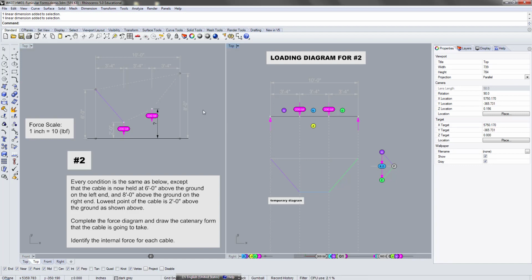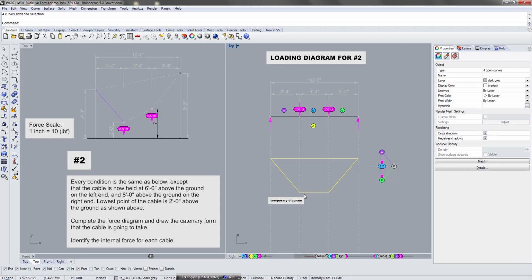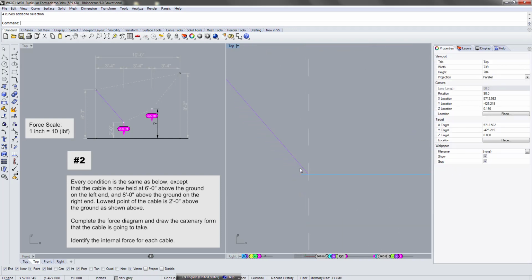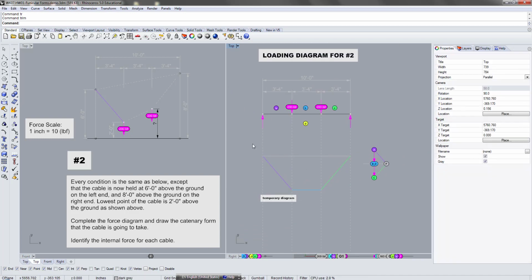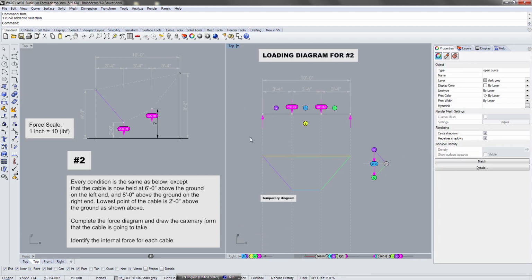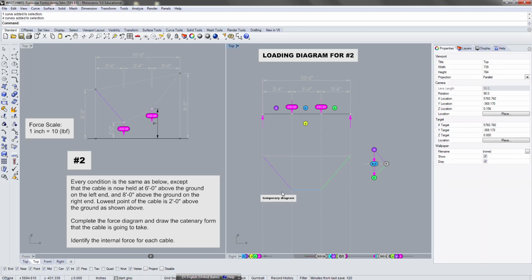For the force diagram, I'm just showing the same exact diagram as we drew in the previous example. Let me just trim that portion, which we know for sure is not going to match what's on here, but this is what we've used before. So I'm going to use this as a temporary diagram from which I'll make an adjustment to match what's in here.